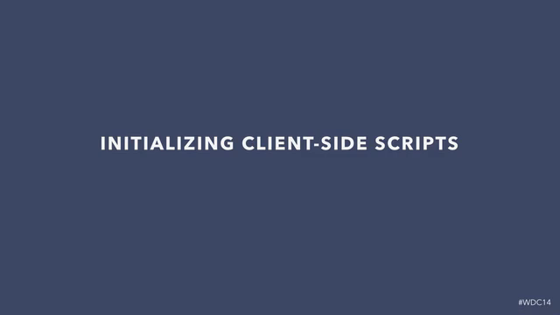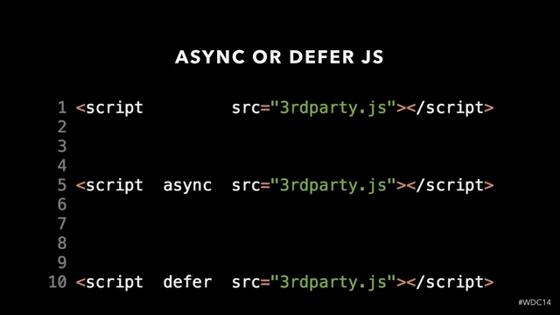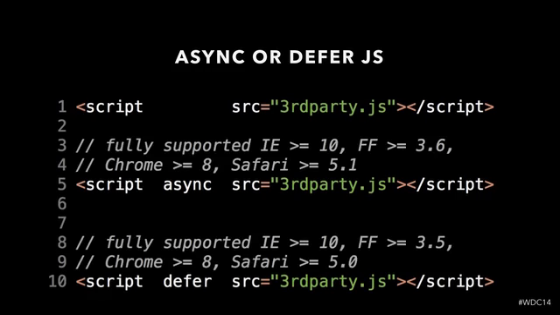So in general, when initializing client-side scripts, you have at the very top here the offender, then you have 2 other script tag attributes that you can include, such as async and defer. What both do is basically help stop blocking the rendering. The async, however, as well as the defer, are features that are not supported by all browsers yet.